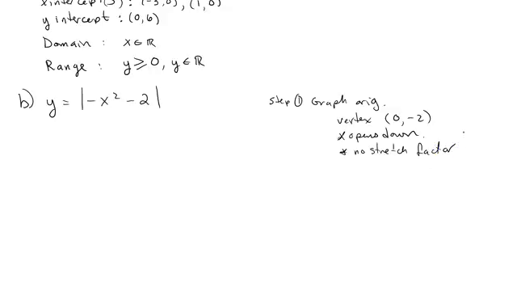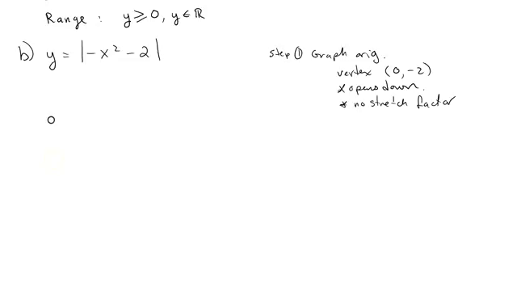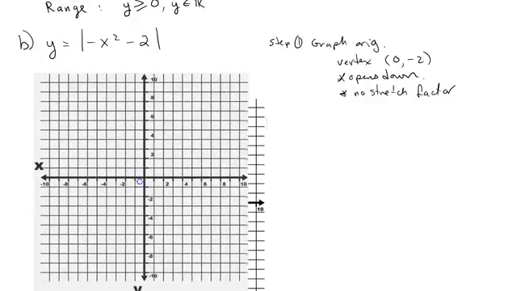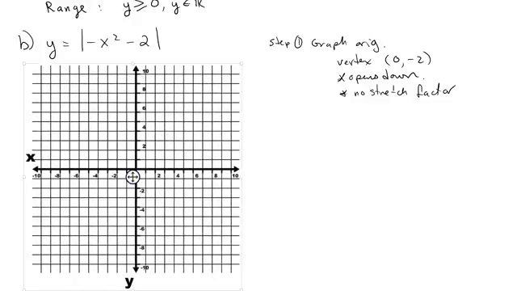Okay, so I love this so much. Copy, paste, boop, boop, boop. So with my original, my vertex is going to be at 0, -2. And we're opening down. There's no stretch factor. Over 1, down 1. Over 1, down 1. Go back to the original.